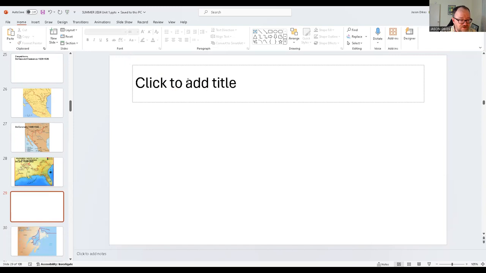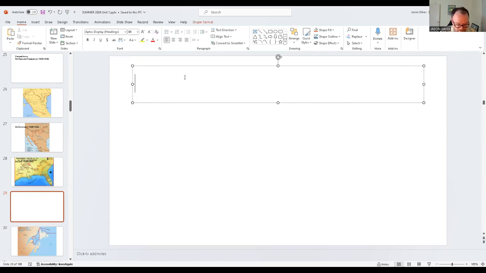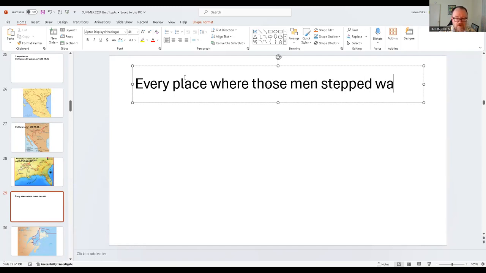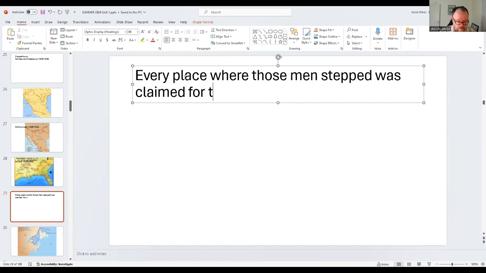Why do we even mention these? The reason that we mention these particular expeditions is that every place where those men stepped was claimed for Spain.